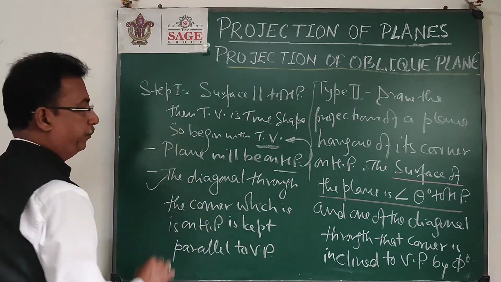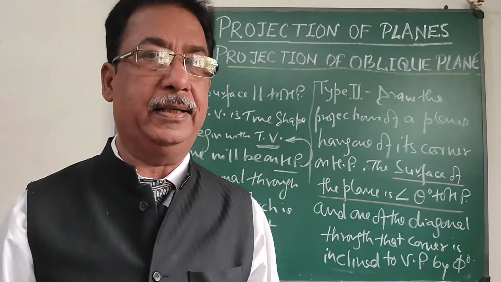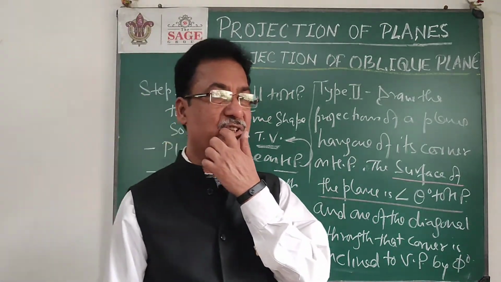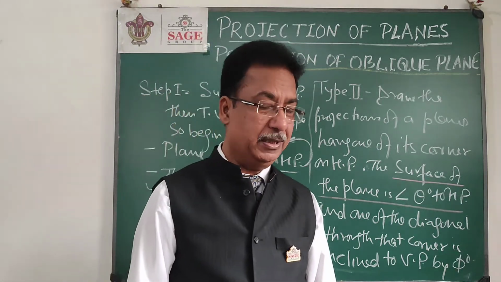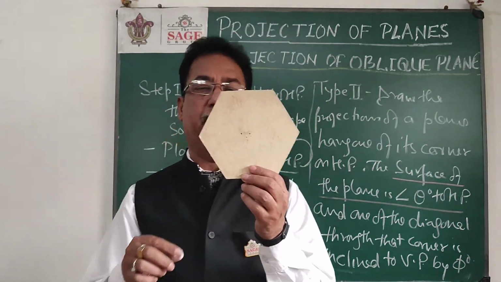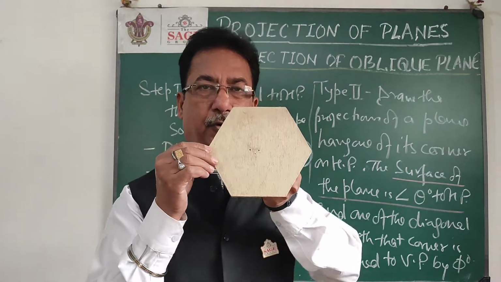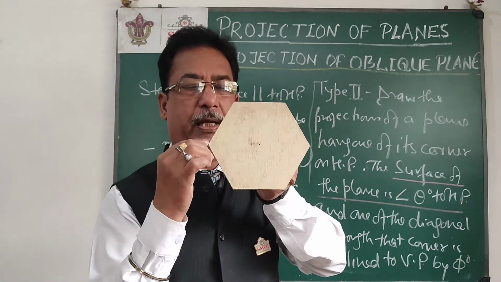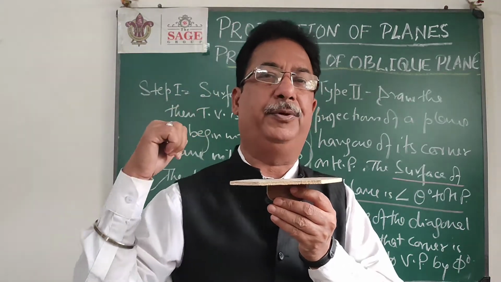This concept is very important. The diagonal passing through the corner which is on the HP will always be kept parallel to VP. Suppose I take this hexagon and want to draw its top view; I will hold it like this. If you look from the top, it will look like this. Now this diagonal will be parallel to VP.